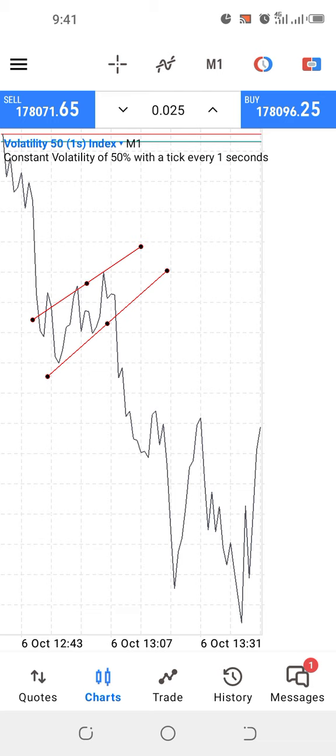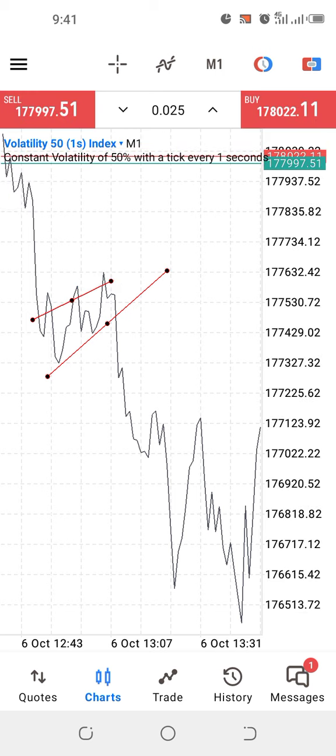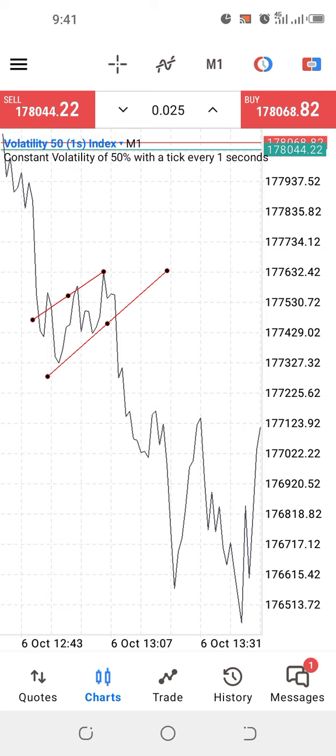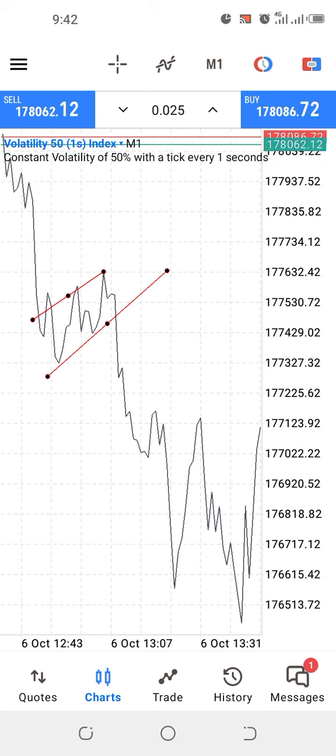So this is the first resistance, this is the second resistance, and this is the third resistance. The moment price touches the resistance the third time, it is an indication for you to sell this market. And you see what happens. The market went straight down. So the bottom channels are considered buy zones, and the top channels are sell zones.